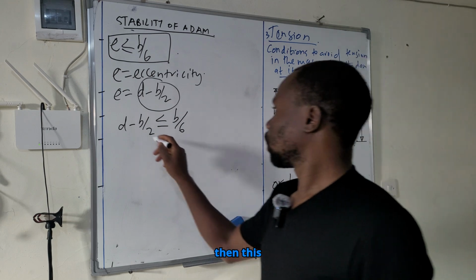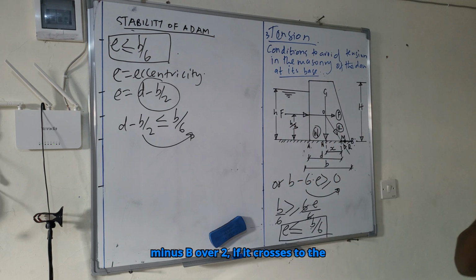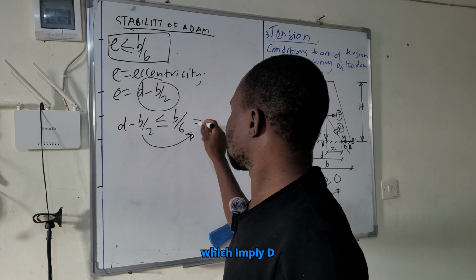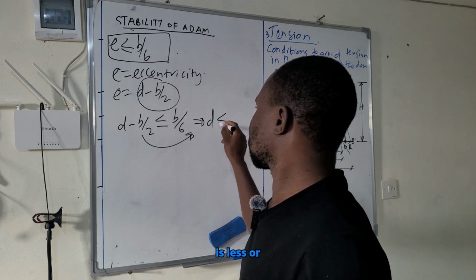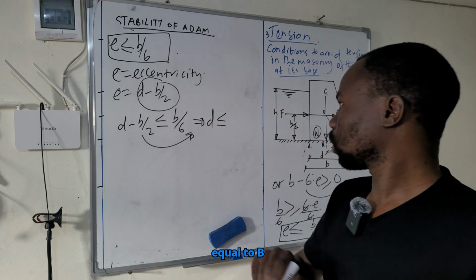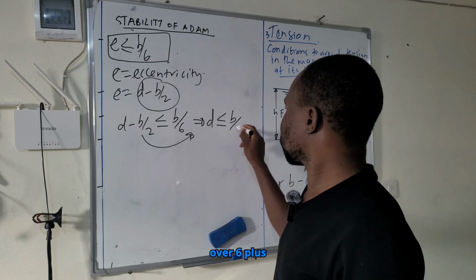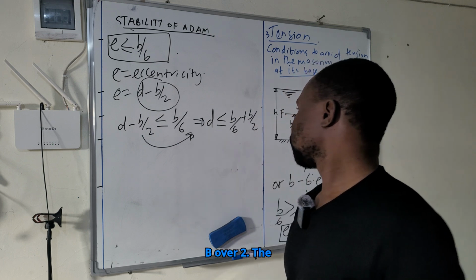Then this minus B over 2, if it crosses to the other side, it will change from negative to positive. So we'll end up having D is less or equal to B over 6 plus B over 2.